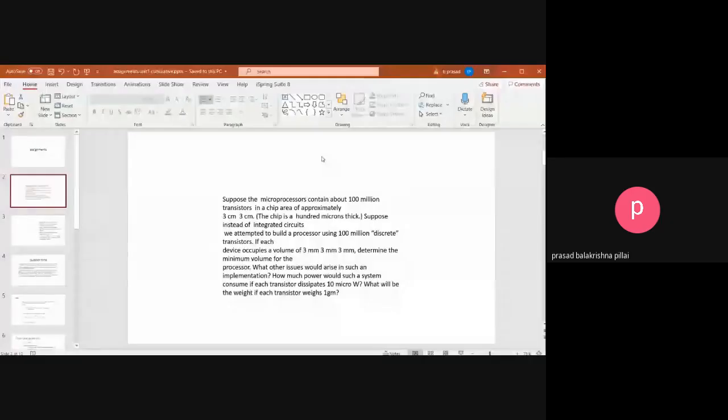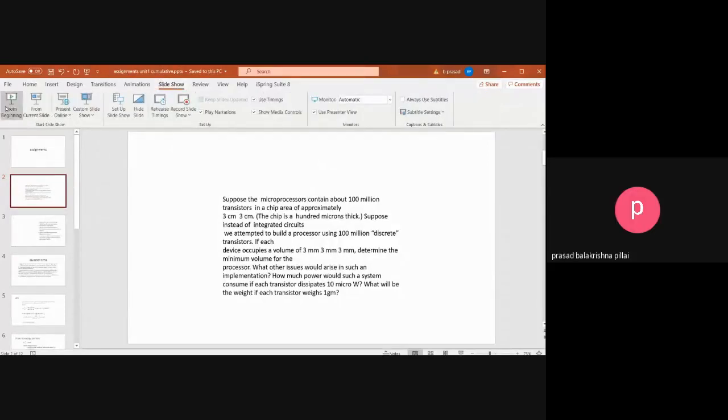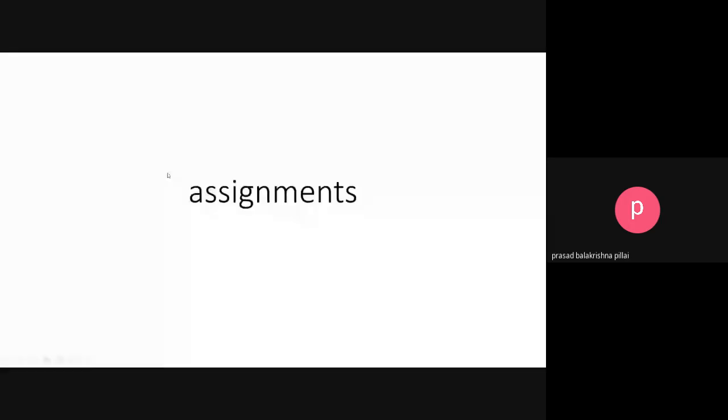Otherwise, I'll give you some hint in doing this, some direction. Are you able to see? Because I want you also to get involved in this, not that every time I do it.